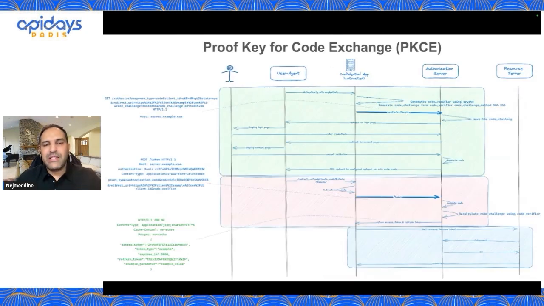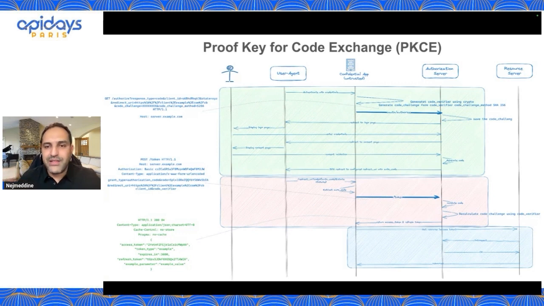PKCE is quite similar to the authorization code flow, but what we need to keep in mind is that when we call the authorize endpoint at the authorization server, we will send the client ID, but there is no need to send the client secret anymore.